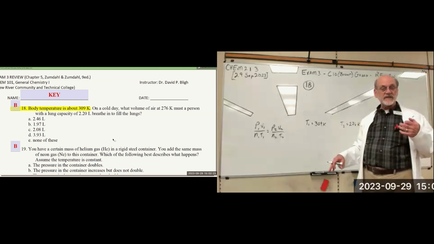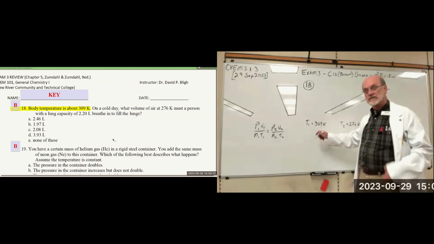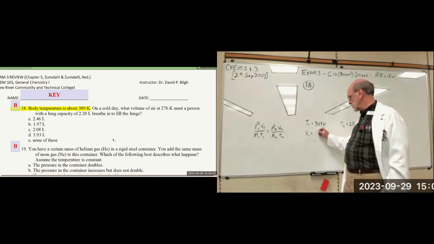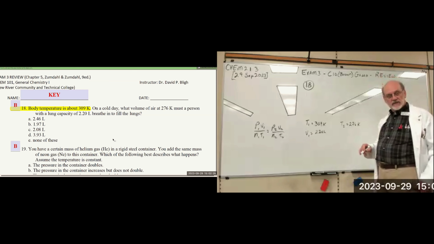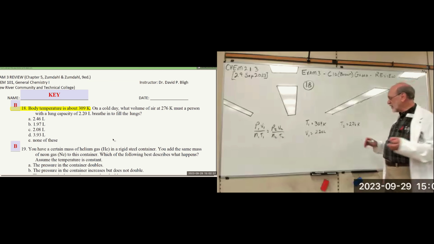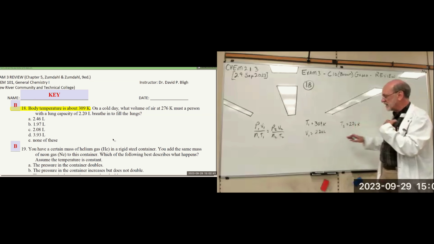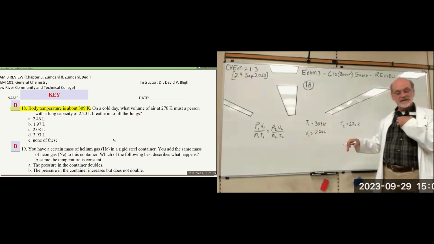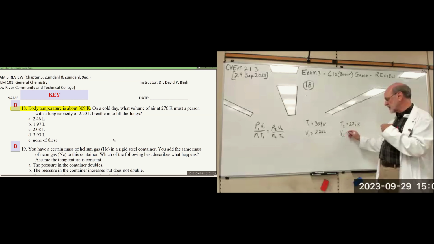The lung capacity would be 2.20 liters at that temperature. What they're asking is, how much air at this temperature do you need to draw in to fill that volume at this temperature? So this second volume is the volume at the outside temperature.